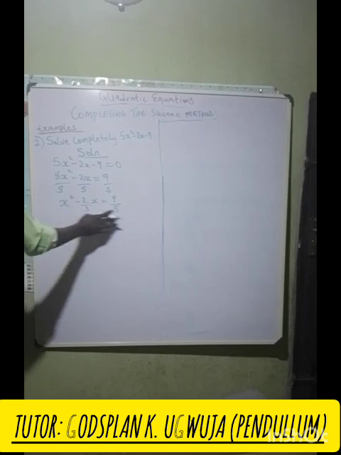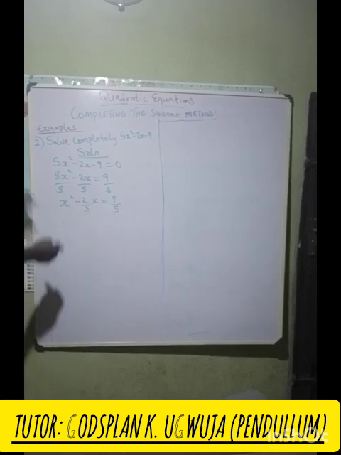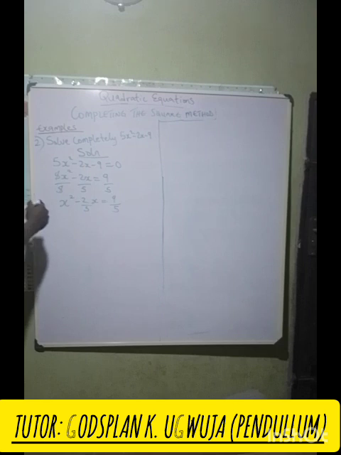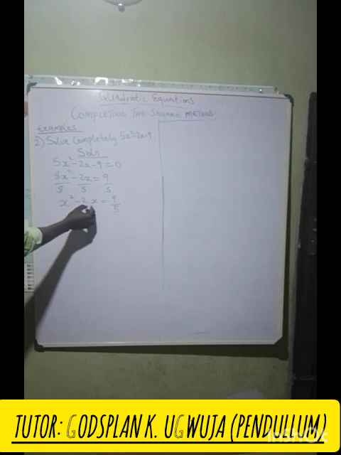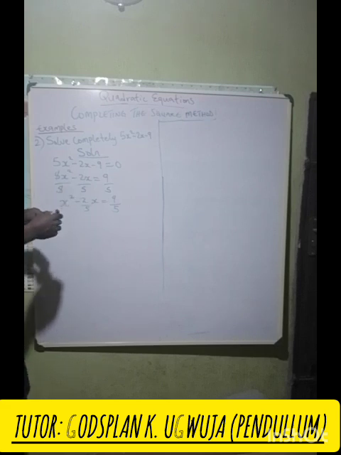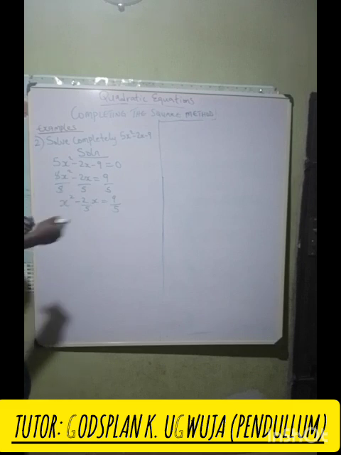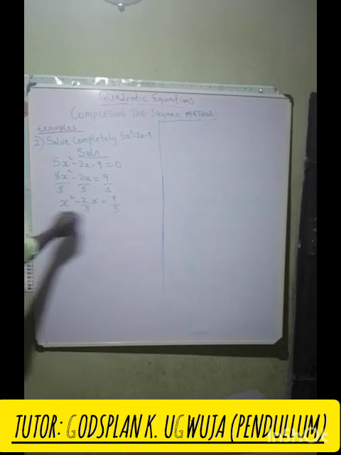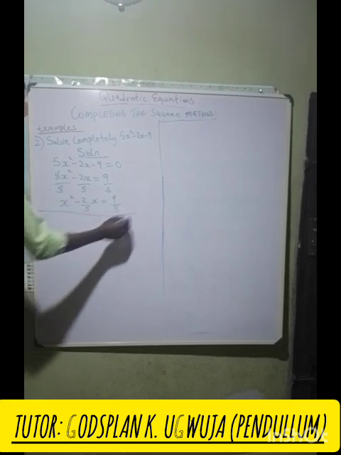Now, when we get this, remember that at this third step, we're going to multiply b, that's minus 2 over 5, by half, that's 1 over 2. Then we square the result and add to both sides. So let me put that in a little bracket here.